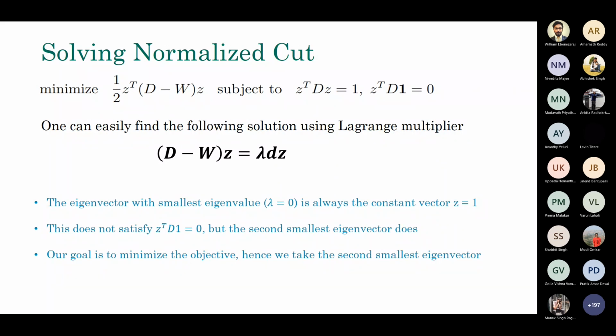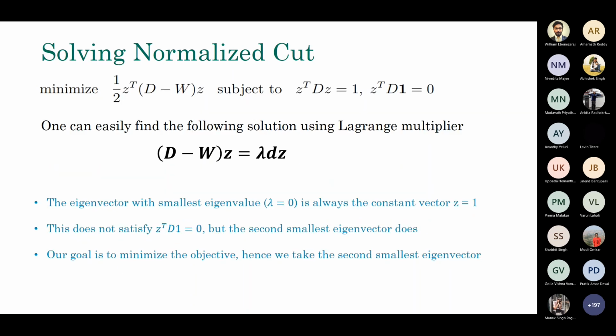If the smallest eigenvalue had satisfied the constraint, we would have taken that. But because it violated the constraint, you cannot take it. So you accept the second smallest eigenvalue and the corresponding eigenvector.